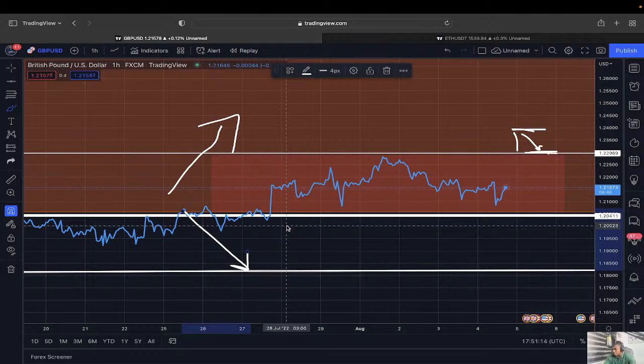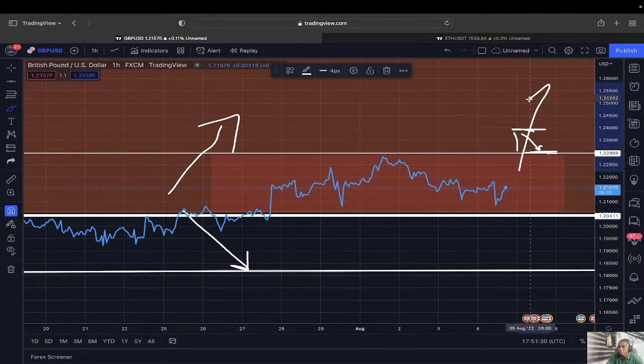Someone says, how can one tell that the price is likely to take off? So look at what we have done here now. I cannot tell if the price would go up right now, and I cannot tell on this 1 hour time frame if the price would go down as it stands now.